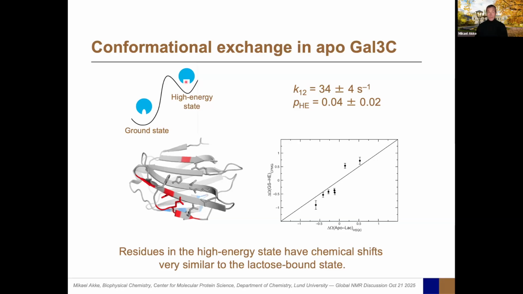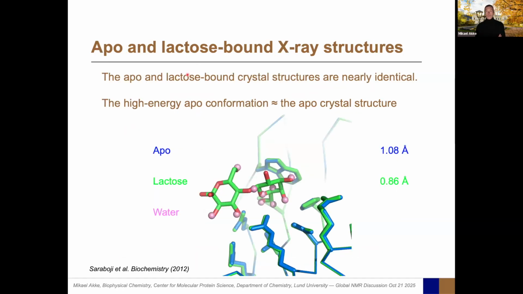And again, that's exactly what you would expect for conformational selection. So this is a high energy state that's kind of primed to bind the ligand. And it turns out that we think that we have a very high resolution structure of this state. And it's not determined by NMR, but as it happens, by X-ray crystallography.